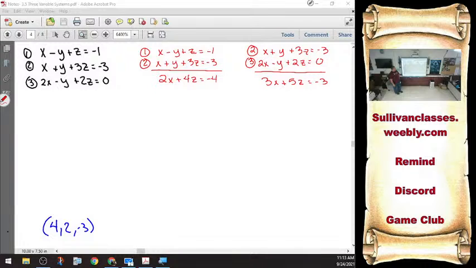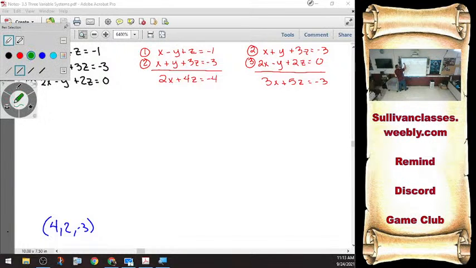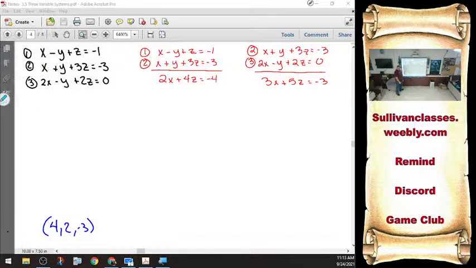Add this, y's go bye-bye. You might have to multiply along the way to make that work. Once I'm there, it should actually just kind of take care of itself. It's just two variable systems. It's getting there that's the trick.